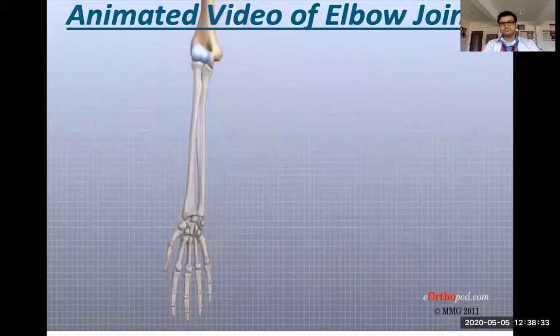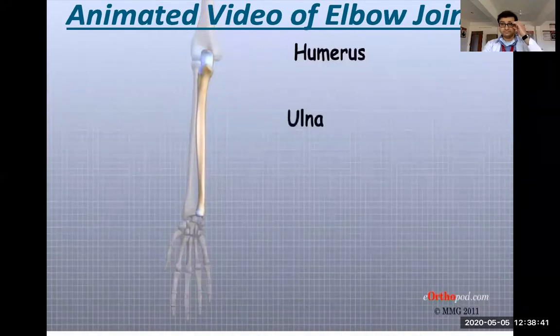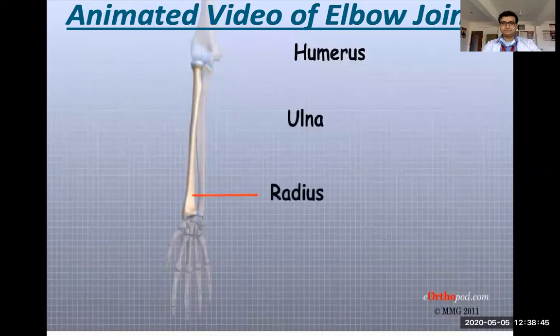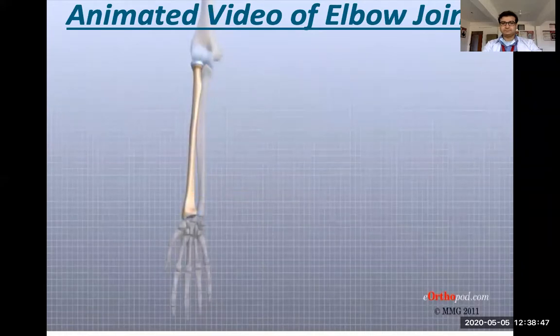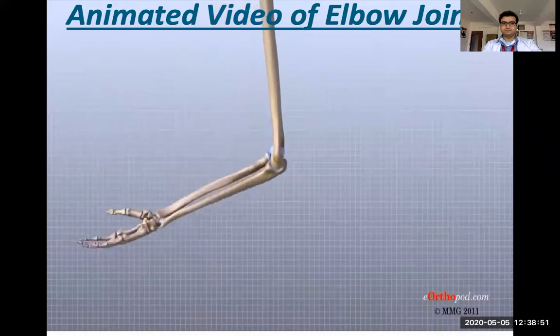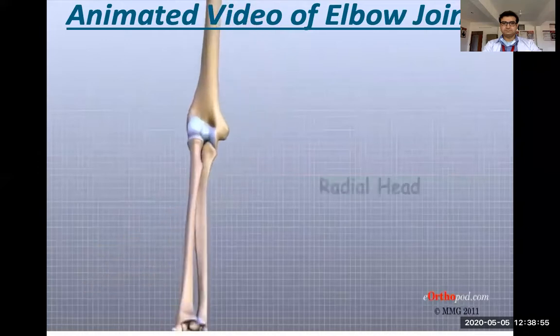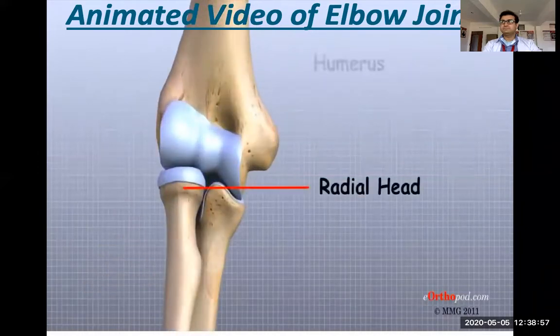The bones of the elbow include the humerus, or the upper arm bone, the ulna, the larger bone of the forearm on the opposite side of the thumb, and the radius, the smaller bone of the forearm on the same side as the thumb. The elbow itself is essentially a hinge joint, meaning it bends and straightens like a hinge. But there is a second joint where the end of the radius, or the radial head, meets the humerus.